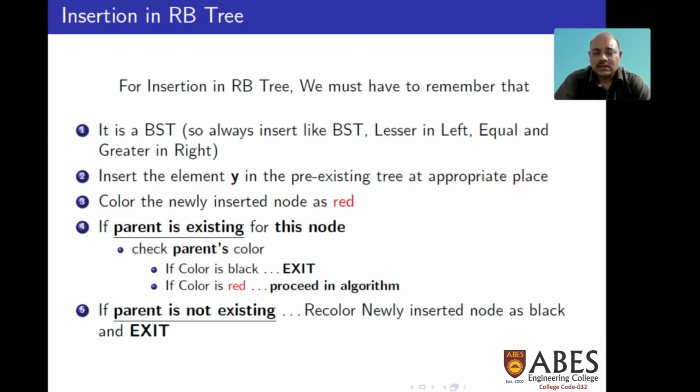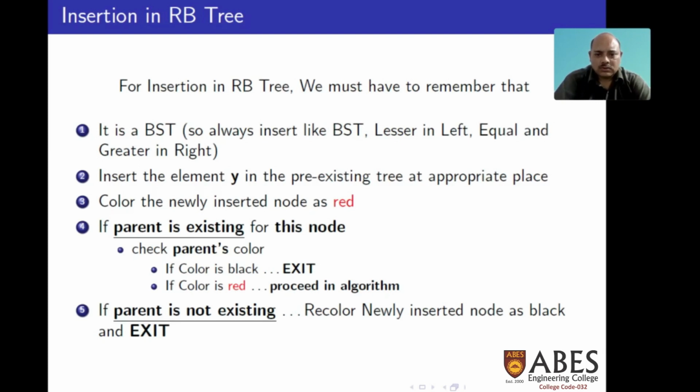For a particular parent node, if the value is lesser than the parent, then it will be on the left hand side of the parent, and if the value is equal or more than the value in the parent node, then it must be on the right hand side. Fine.